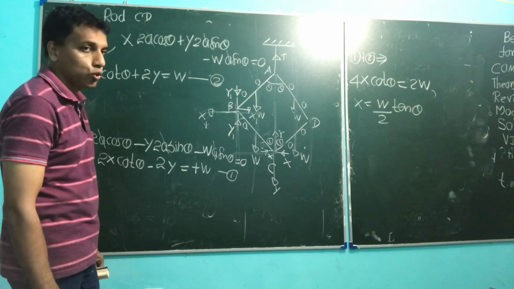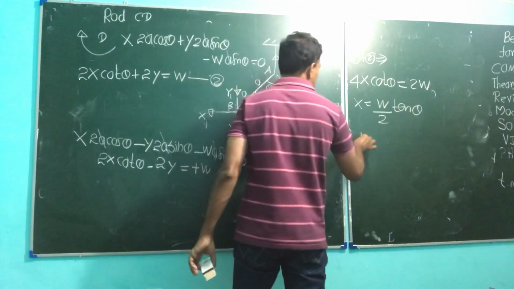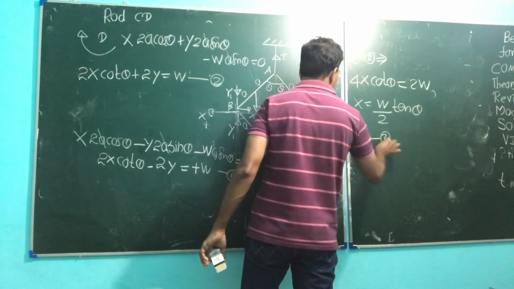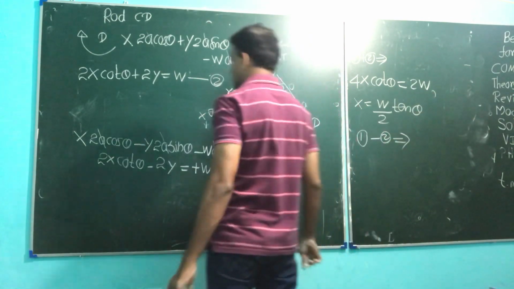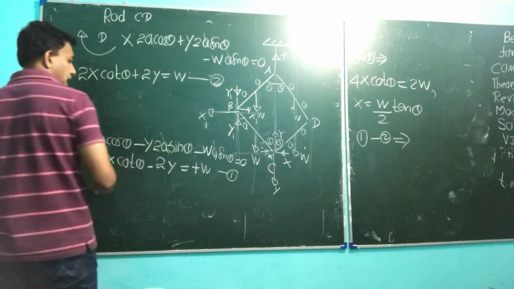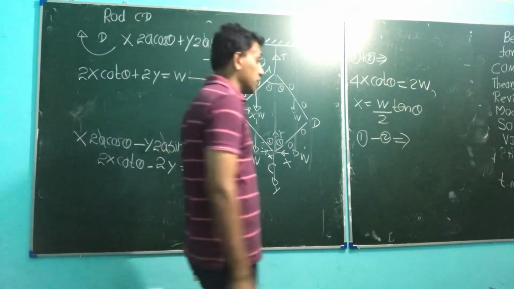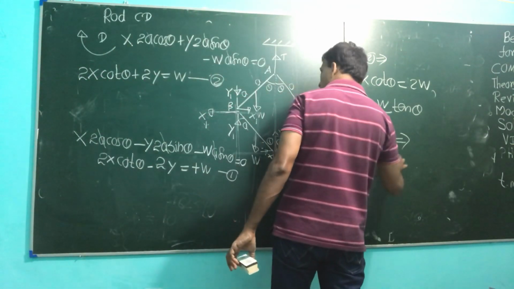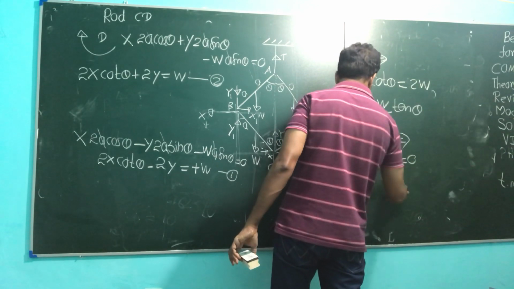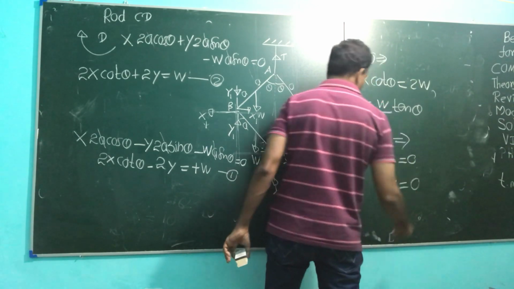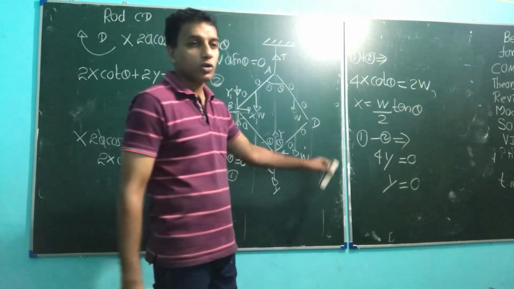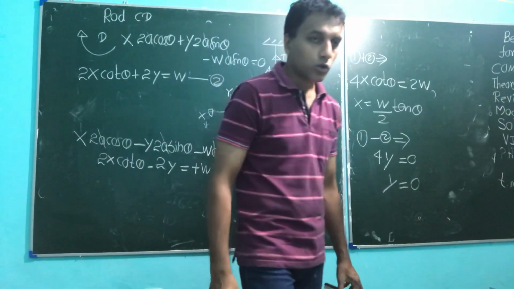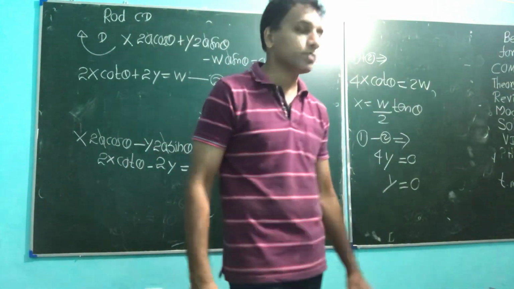Now 1 subtract 2: x cancels, y minus y gives 4y, which is 0. I have shown you today two methods of showing y becomes 0.